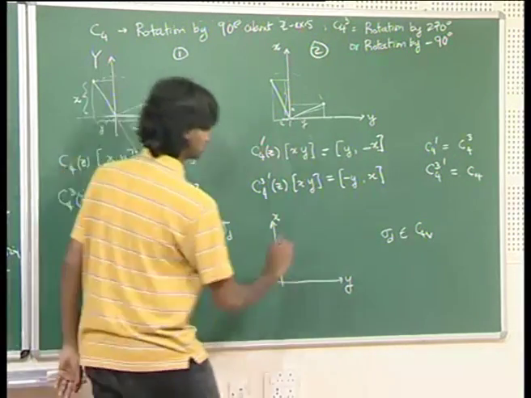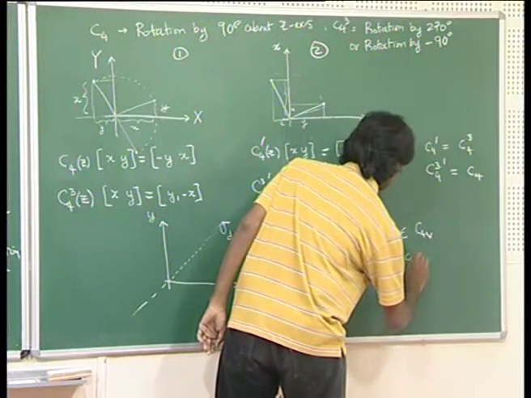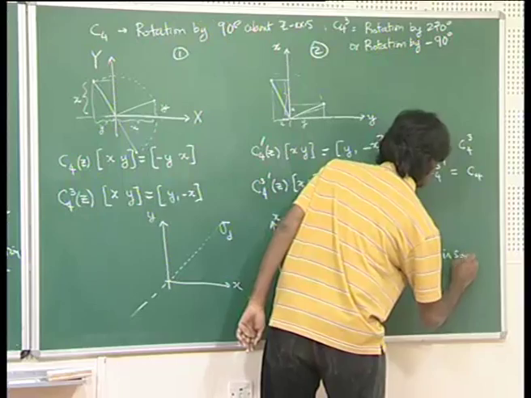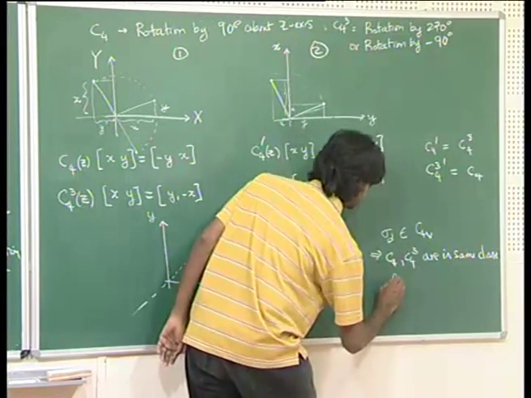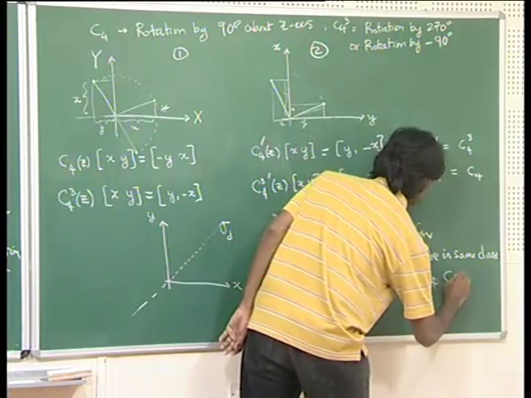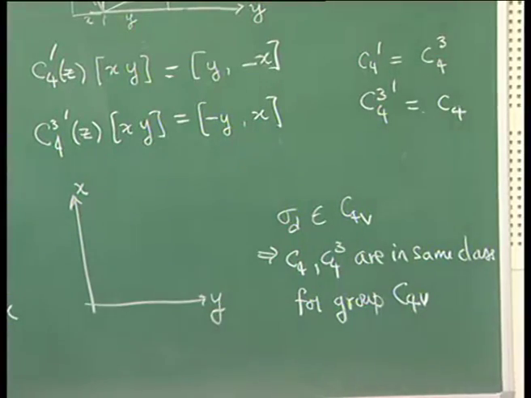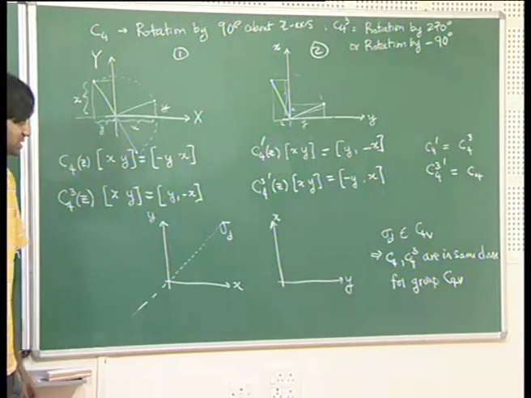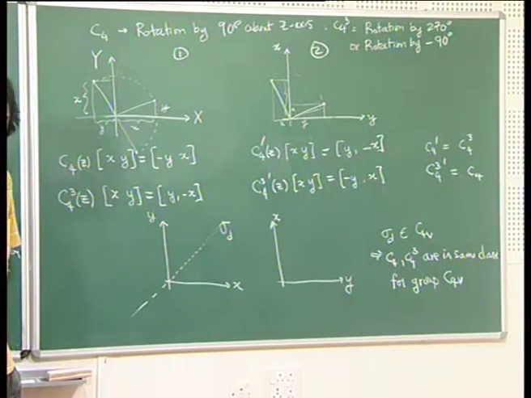So, this implies C4 are in same class for group C4V. Okay. So, they are in the same class only if you have C4V group, only if you have this additional sigma d operation in the group that takes one to another.